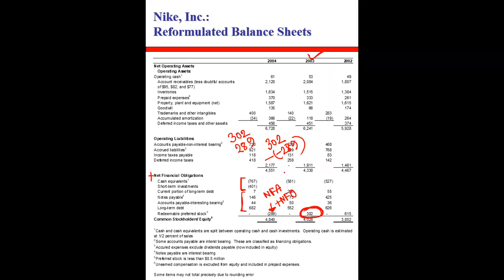What is this number here? Is it 591? The changes in net financial obligations. I have written this here. Is it 591?